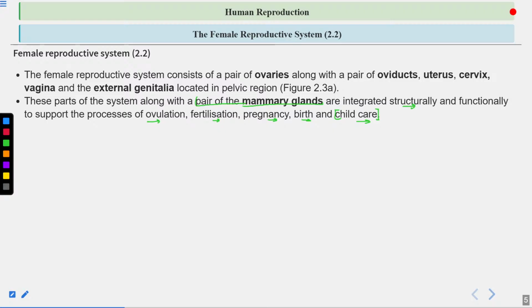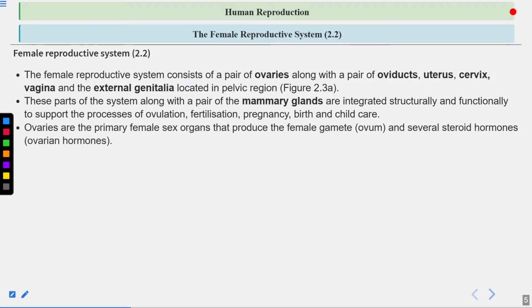So the parts of the female reproductive system, along with the mammary glands, are involved in the process of ovulation, means release of the egg. Then fertilization, which means fusion of the male and the female gamete. Then pregnancy, and then birth, and then child care.